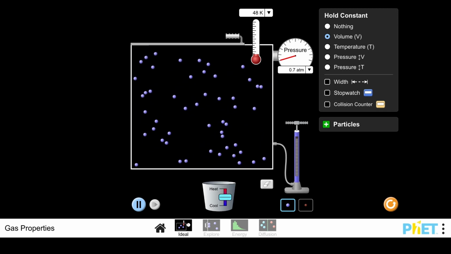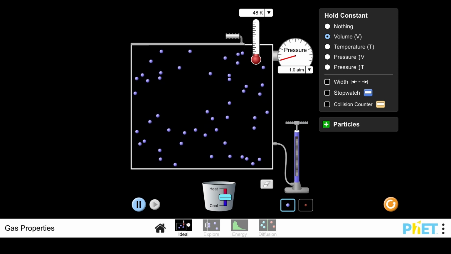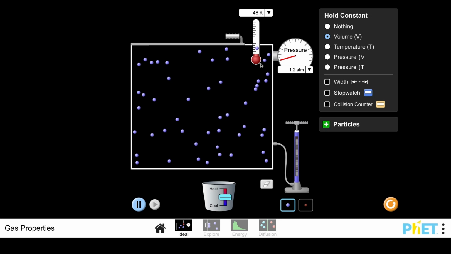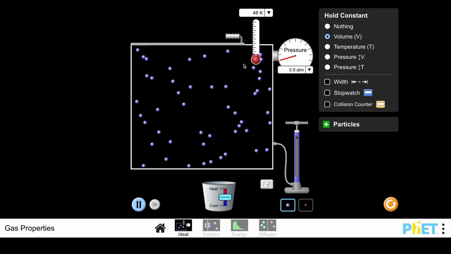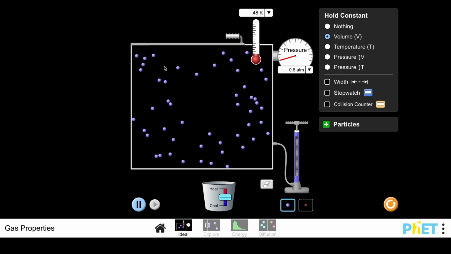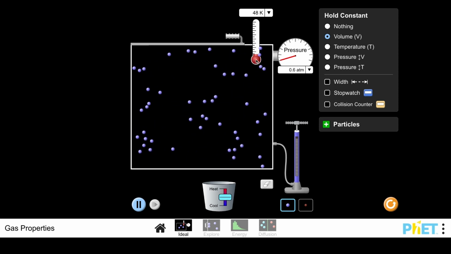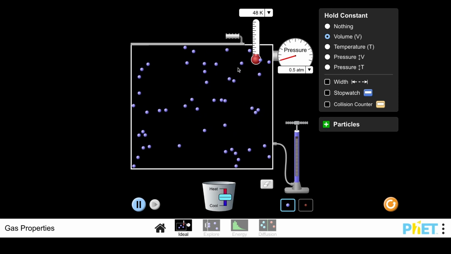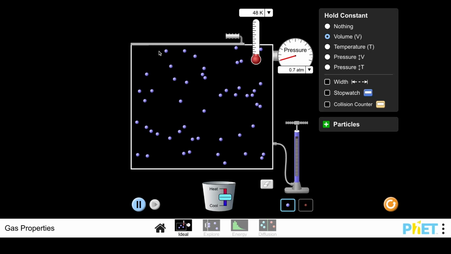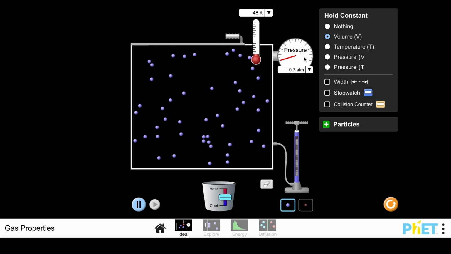And you can see that these gas particles don't have as much kinetic energy. So when they don't have as much kinetic energy, they don't hit the wall as often. While you saw before, when the temperature was super high, these gas particles were faster, and therefore they hit the wall of the container more, resulting in more pressure.